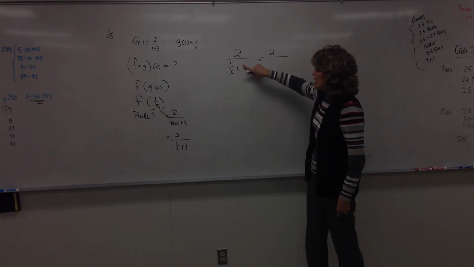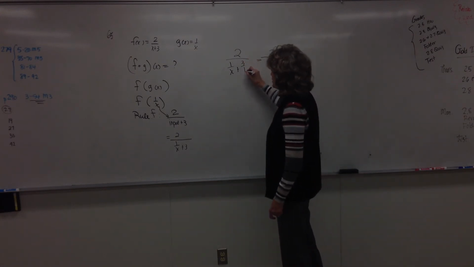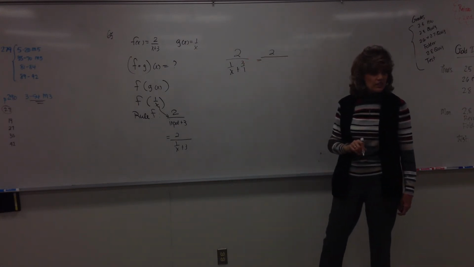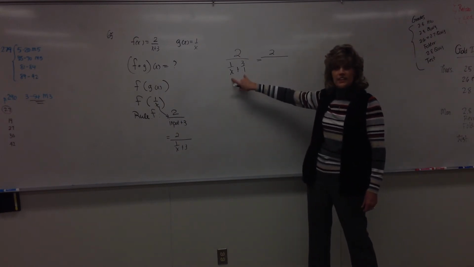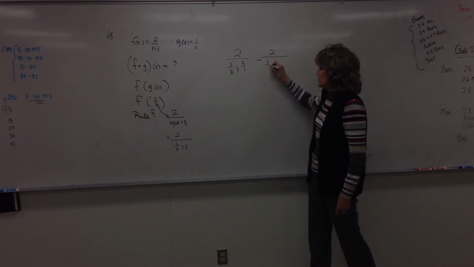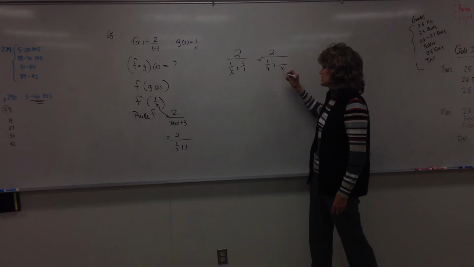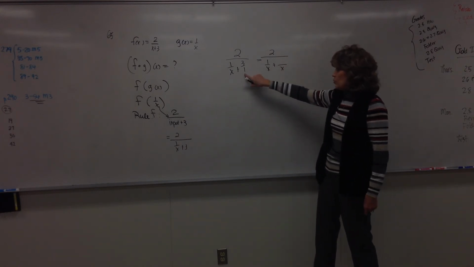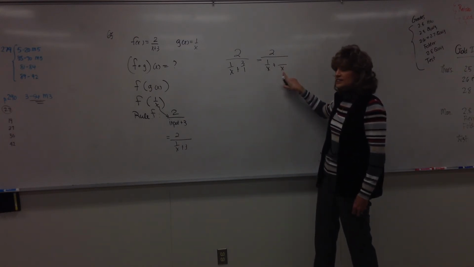But on the bottom, if I want to add these two fractions, what do I need? Common denominator. And a good one would be x. So I'm going to call this 1 over x plus, instead of 1 times x gets me to x, 3x.